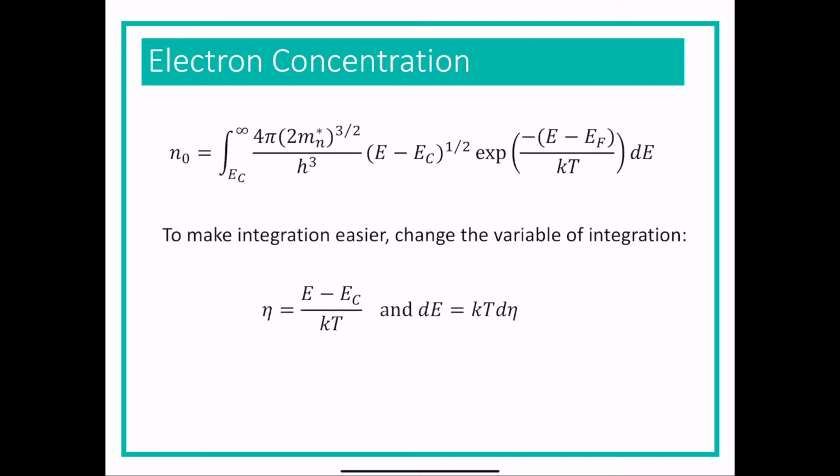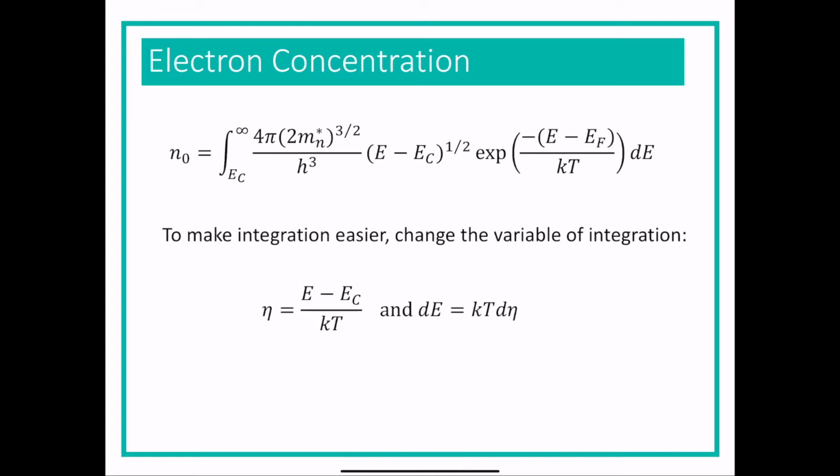So we're going to use eta, and that's going to be equal to E minus the conduction energy, over KT. And that means that d eta is going to be 1 over KT dE, but I want dE because I want to replace that in the formula, so that's why I have it listed that way. That was the thing when I first did this.